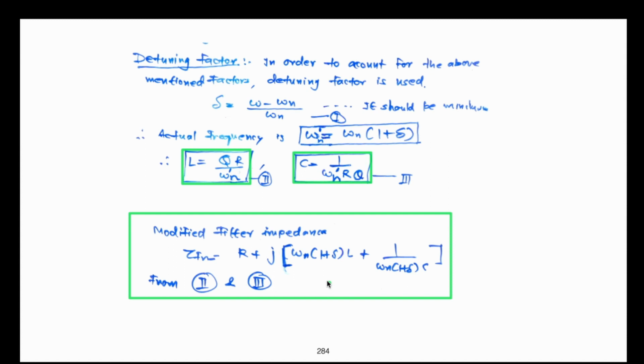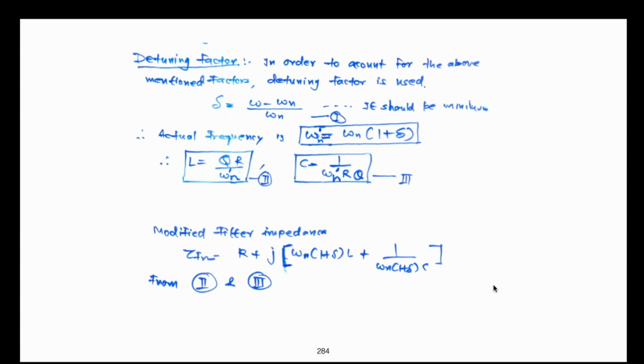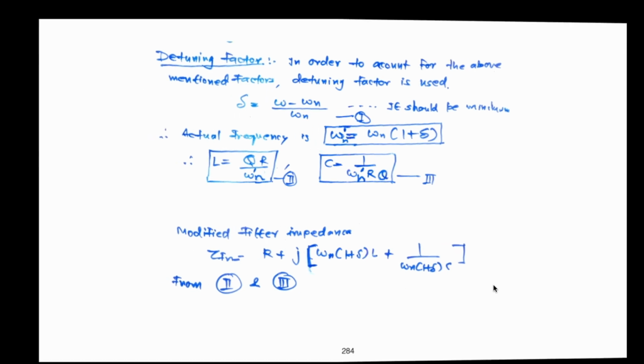You can see here that this is omega n times L, plus 1 plus delta getting introduced. Similarly, here plus 1 upon omega C, the second term. So changes have occurred. Now we are going to find the admittance from this equation, and hence find the voltage drop across the filter branch and try to optimize it.